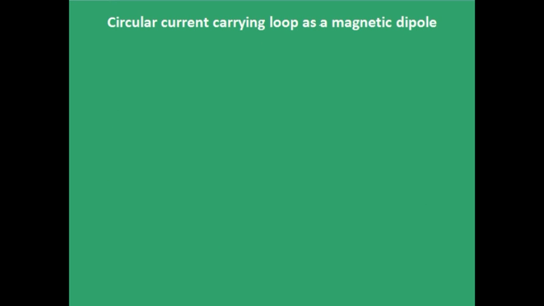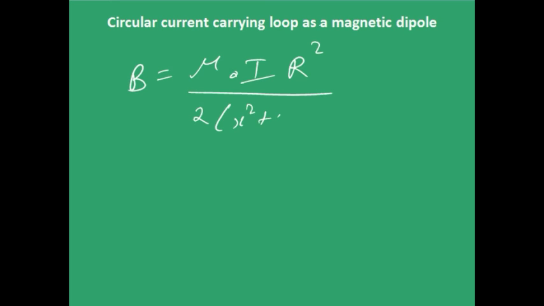Let's move forward. Let us see how a current carrying circular loop can act as a magnetic dipole. Two or three videos ago, I don't remember exactly, I derived this formula for a current carrying circular loop. The magnetic field at a point at a distance x from the center will be mu naught I r square by 2, into x square plus r square whole power 3 by 2, of course for a point on the axis of the circular loop.